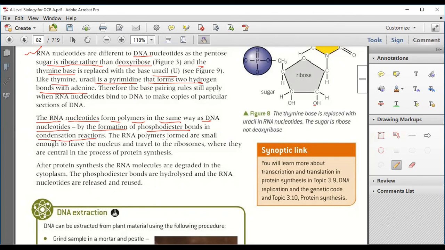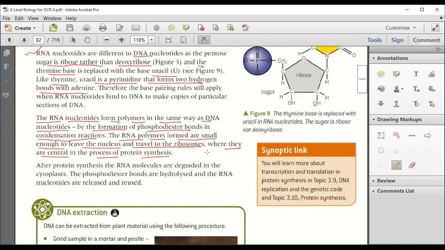The RNA polymers formed are small enough to leave the nucleus and travel to ribosomes. These RNA are very small, and they can leave and travel up to ribosomes, where they are central in the process of protein synthesis, so they can move up to the site of protein synthesis.